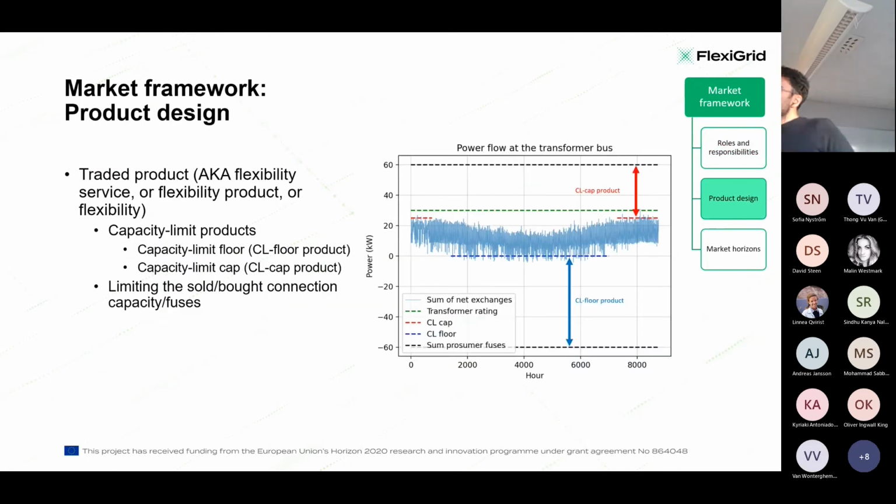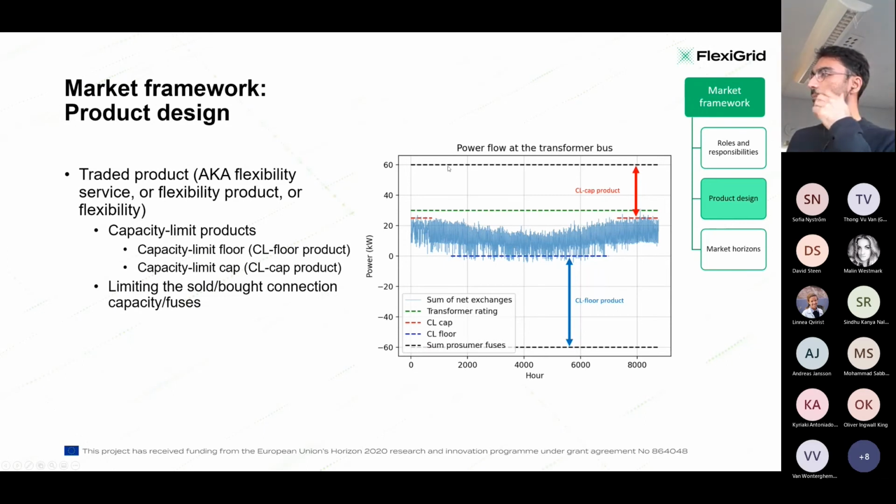Okay, the product design here is the product I was talking about. It's a limit-based product. So we call this product a capacity limit product. It has two different types, capacity floor and capacity cap. We'll try to explain it using this figure.